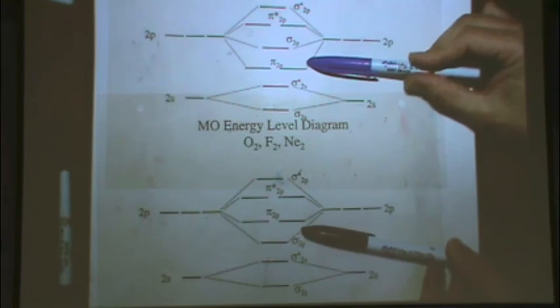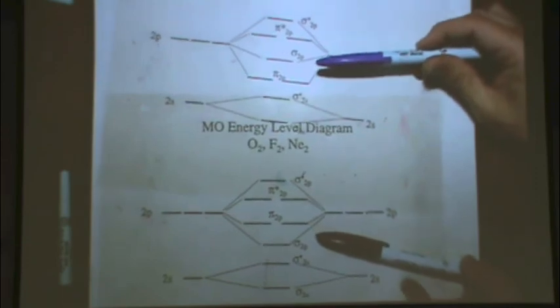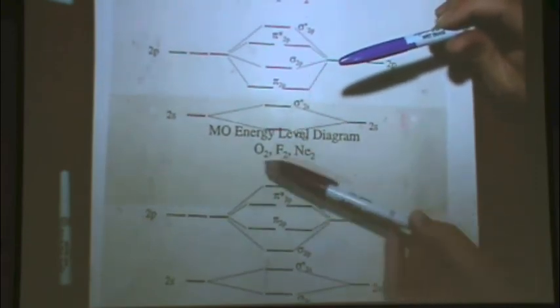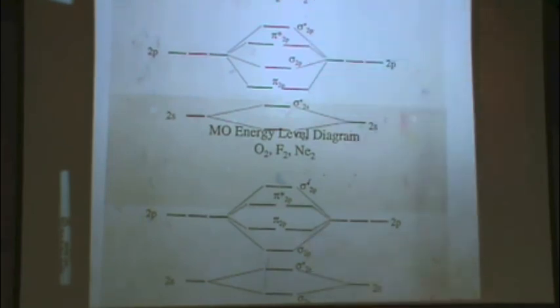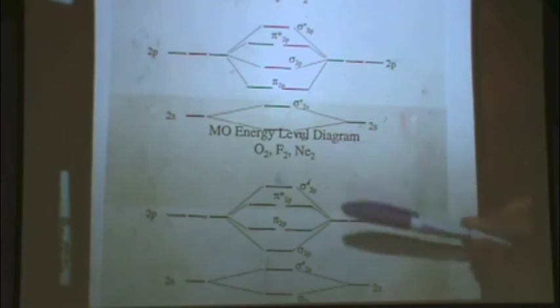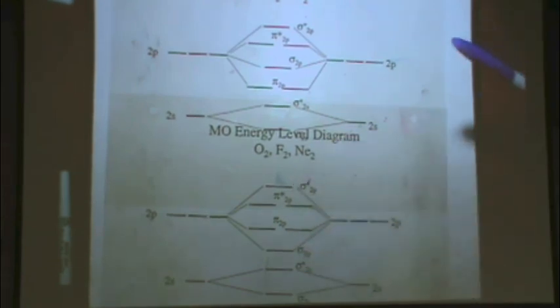So you'll have to remember that for oxygen and higher in atomic number on the periodic table, sigma 2p is at the bottom. For lithium through nitrogen, it's pi 2p. So the oxygen pattern is 1, 2, 2, 1. The lithium to nitrogen pattern is 2, 1, 2, 1. Okay?